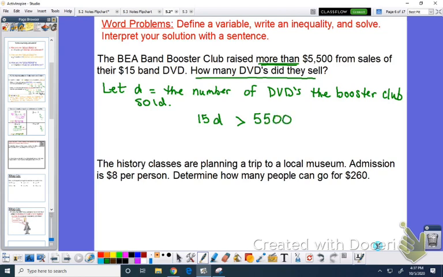And now to solve this, we're going to divide by 15, divide by 15. D is greater than 5,500 divided by 15, which repeats, so I'm going to round it to 366.7. And it says, solve, interpret your solution in a sentence.